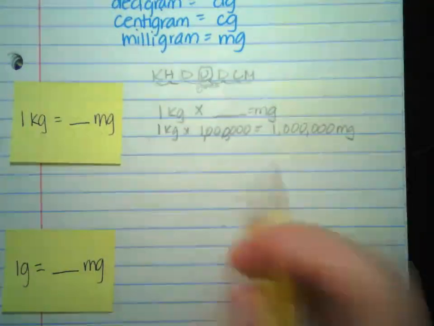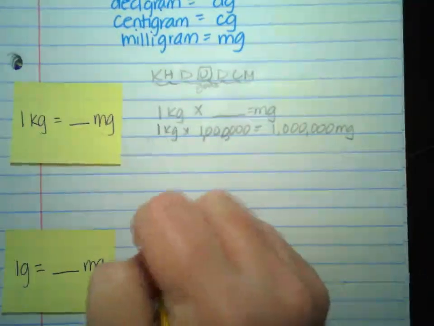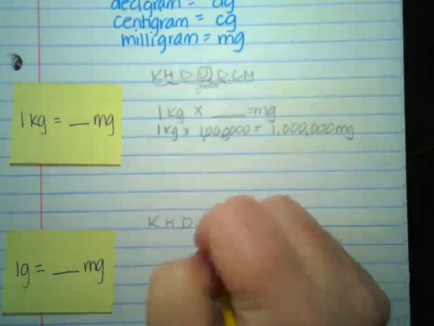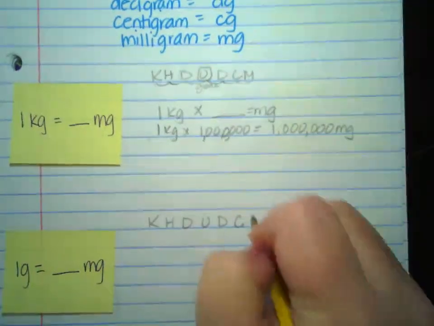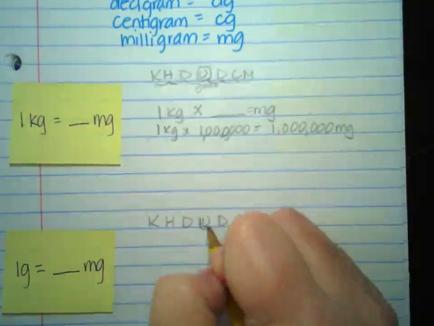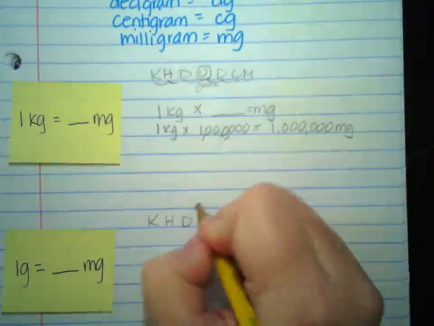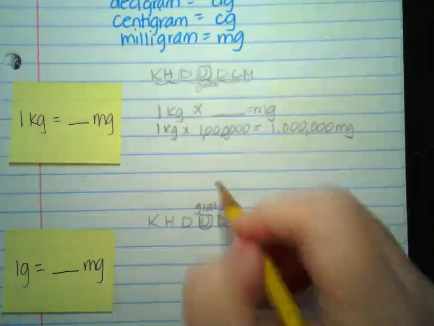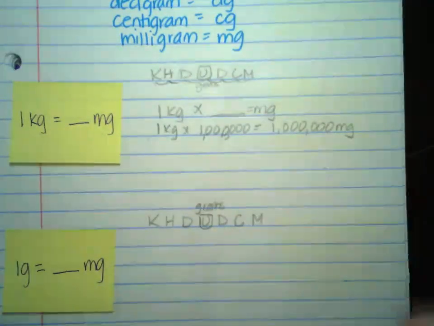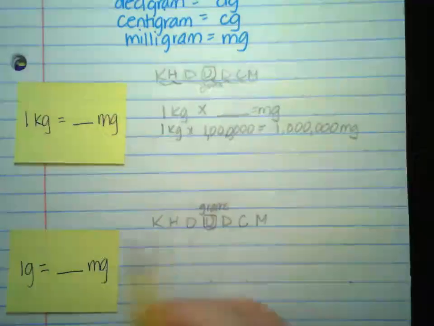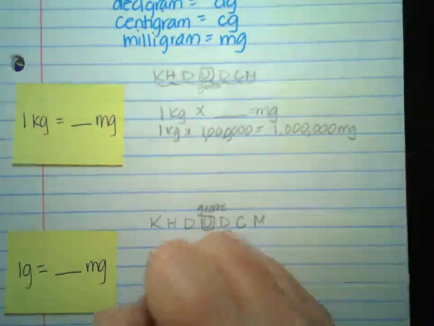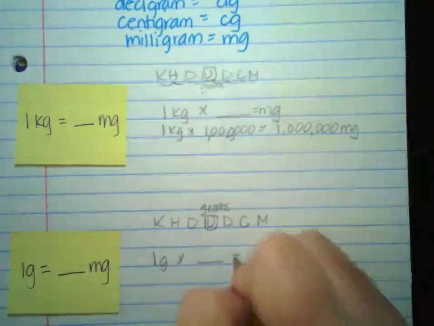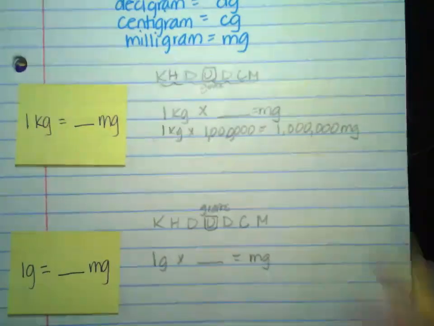Okay, let's move on to our next one. I'm going to recopy my acronym. King Henry doesn't usually drink chocolate milk. And that's just, remember, that's just the way I remember it. You may have another acronym. That's fine. My unit is grams. My handwriting is awful. All right, so this time I am starting at grams. So I have 1 gram. I'm going to multiply by something to equal my milligrams, okay?